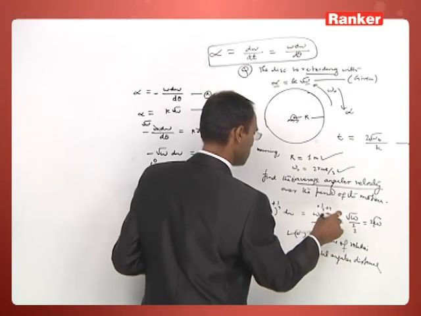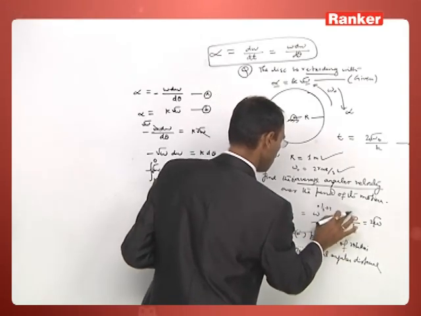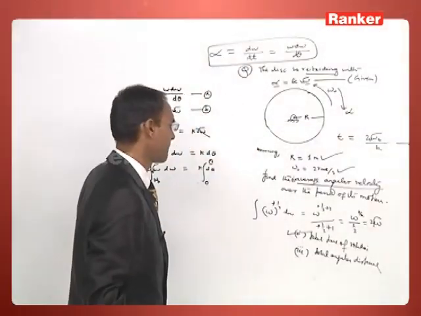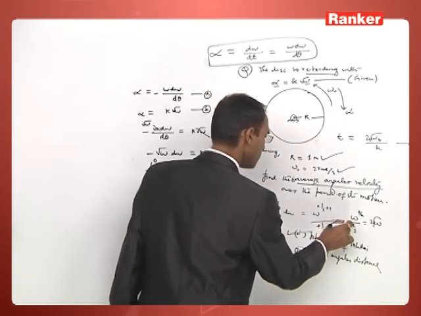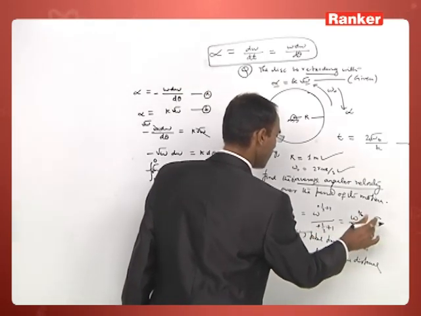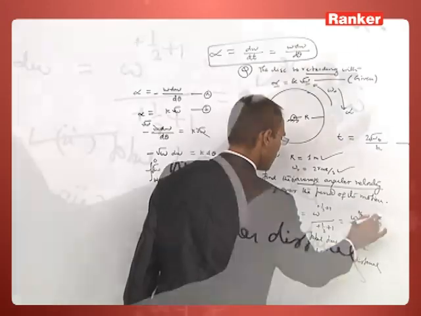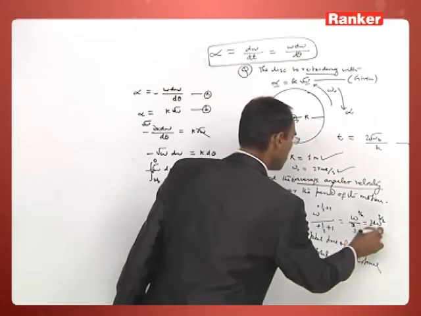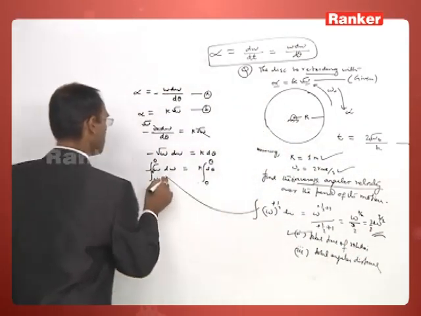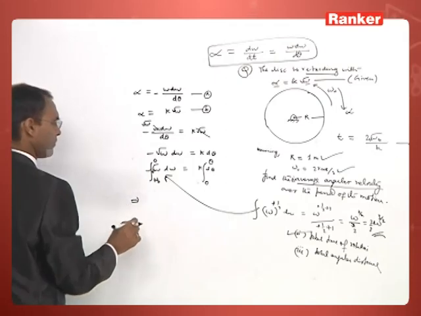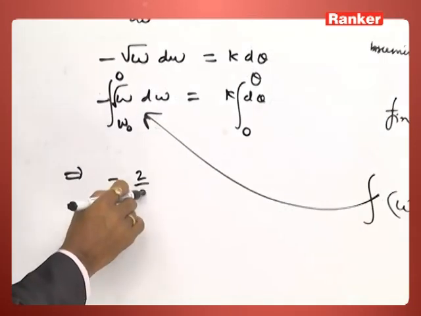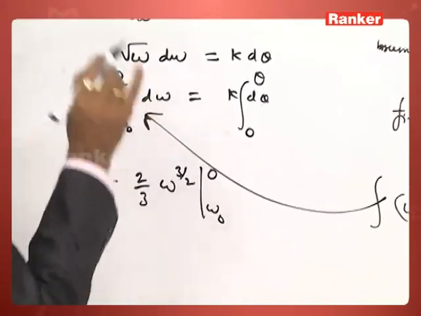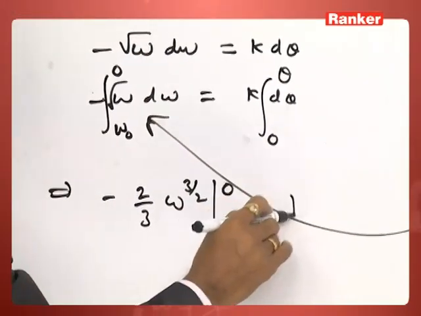This will come to omega to the power 3 by 2 by 3 by 2, which is 2 by 3 omega to the power 3 by 2. This value you have to substitute here. Minus 2 by 3 omega to the power 3 by 2, lower limit omega naught to upper limit 0, equals k into theta.